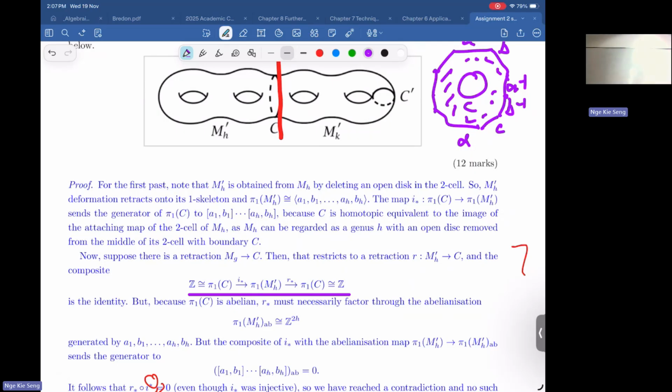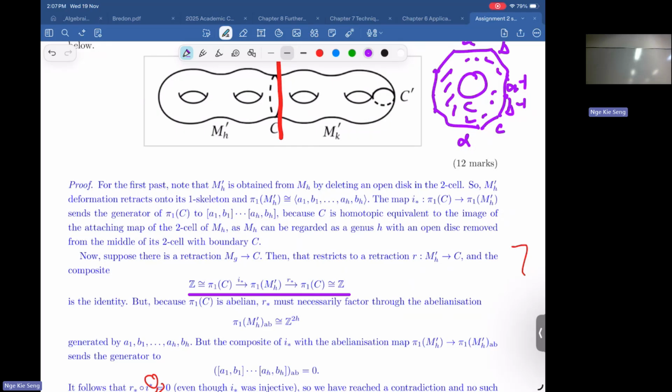There are a lot of methods you guys used: send one point near C prime to C prime, or send it to the torus that contains C prime first, and then retract to C prime.